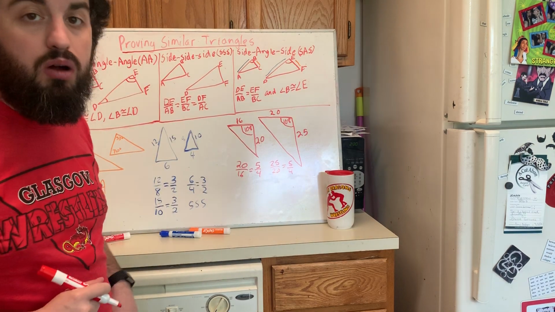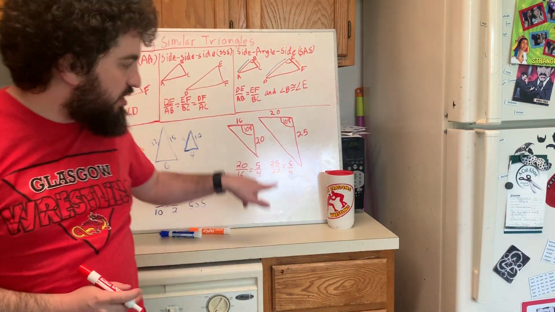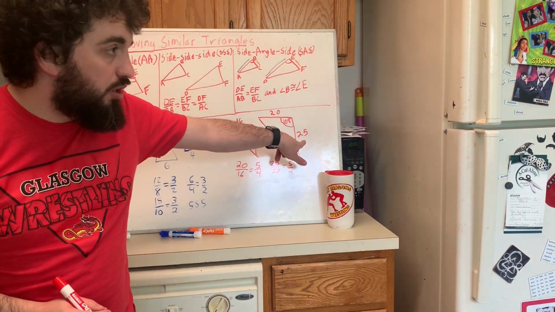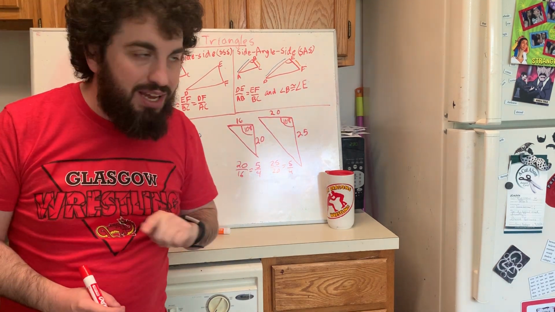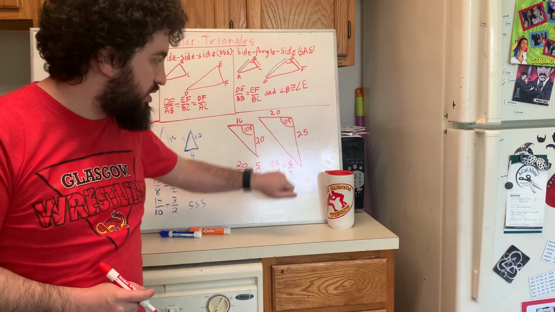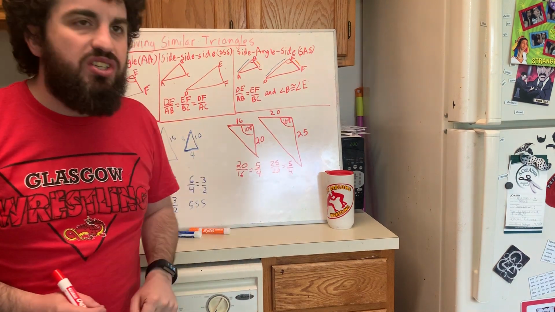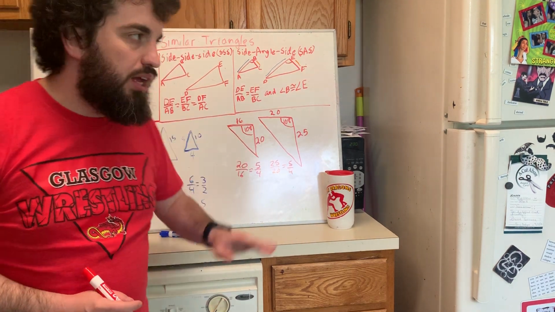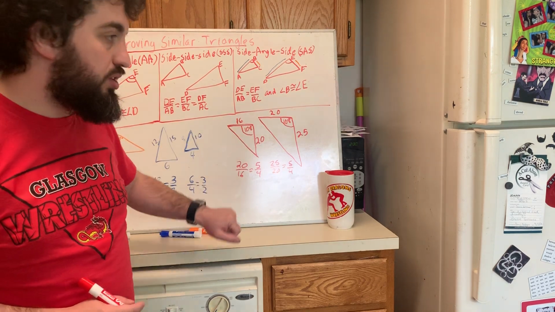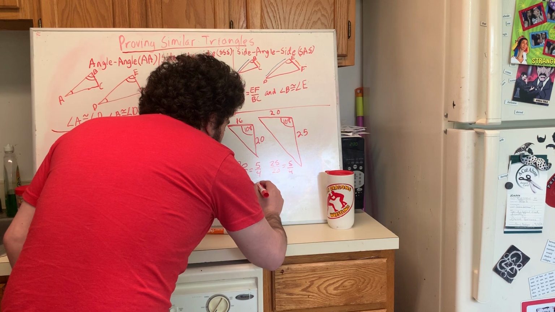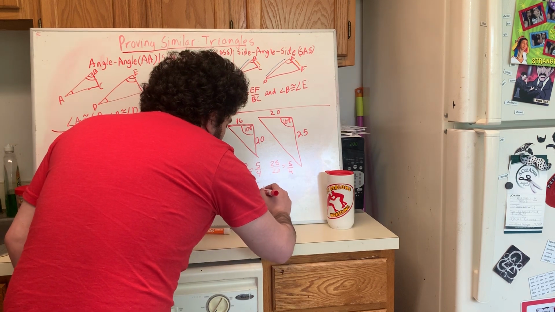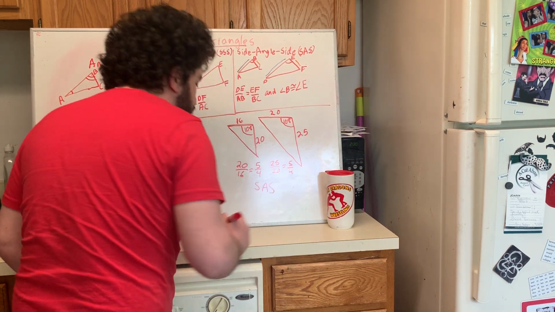So they both have the 5/4 ratio, and the angle in between the sides is indeed congruent. It can't be one of the ones that's not in between. So I know this is similar through side, angle, side.